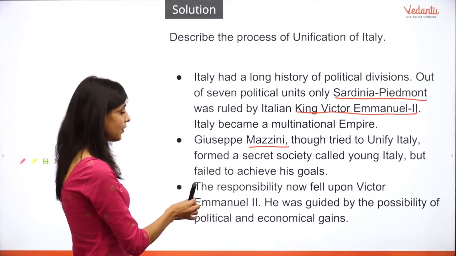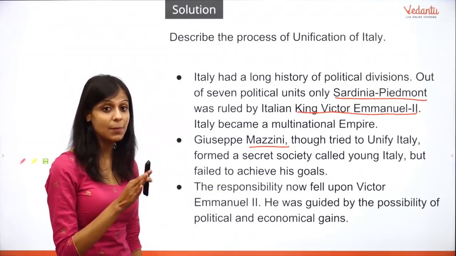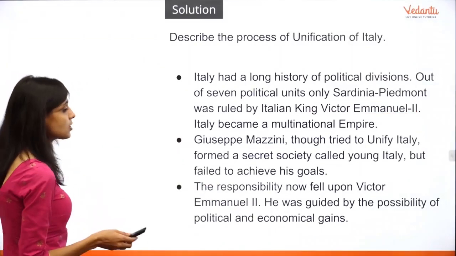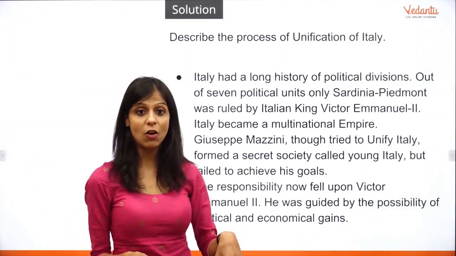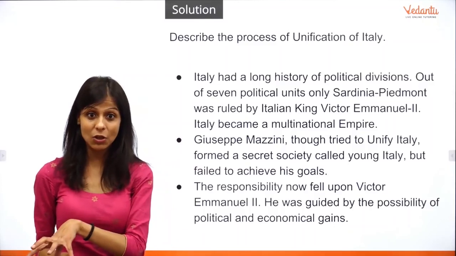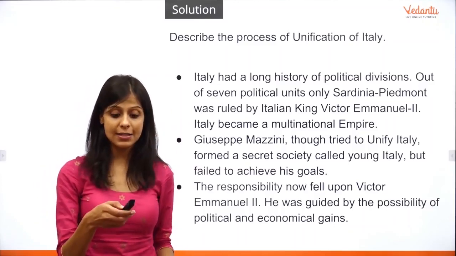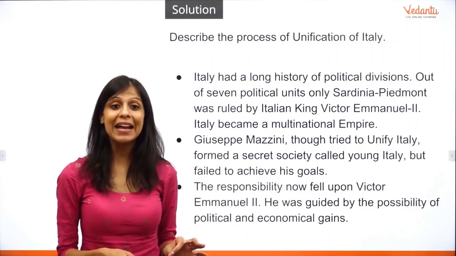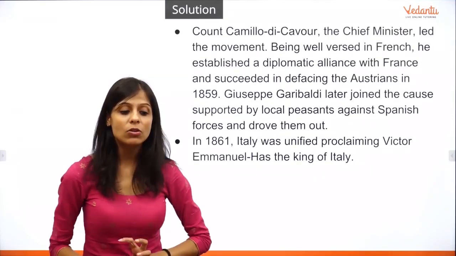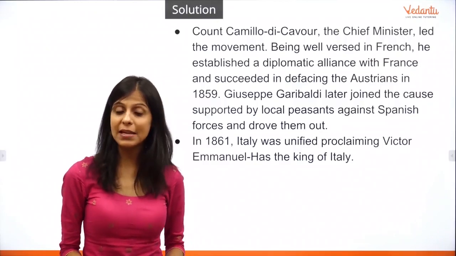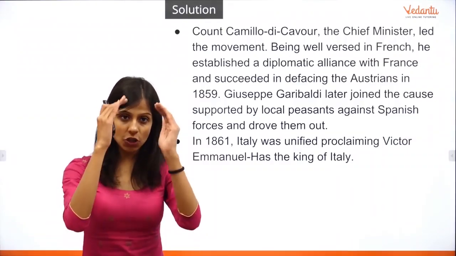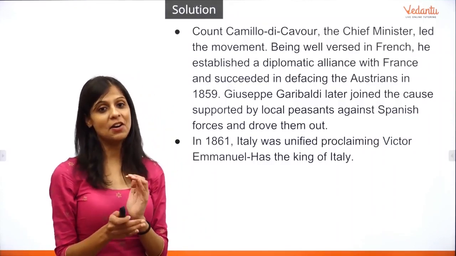And then, because Mazzini's efforts failed, the entire responsibility fell on the shoulders of Victor Emmanuel, who was crowned as the emperor because of his chief minister, and Garibaldi, who got the local support of the peasants and overthrew the Spanish rulers and unified Italy as a country.